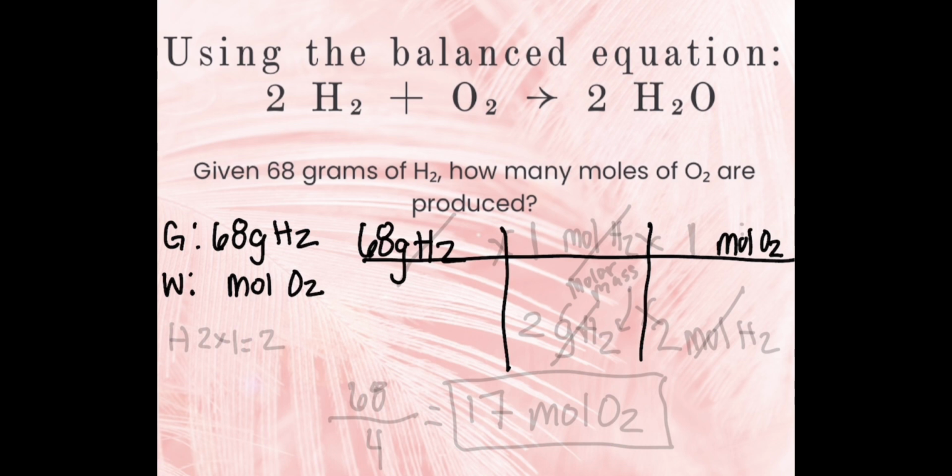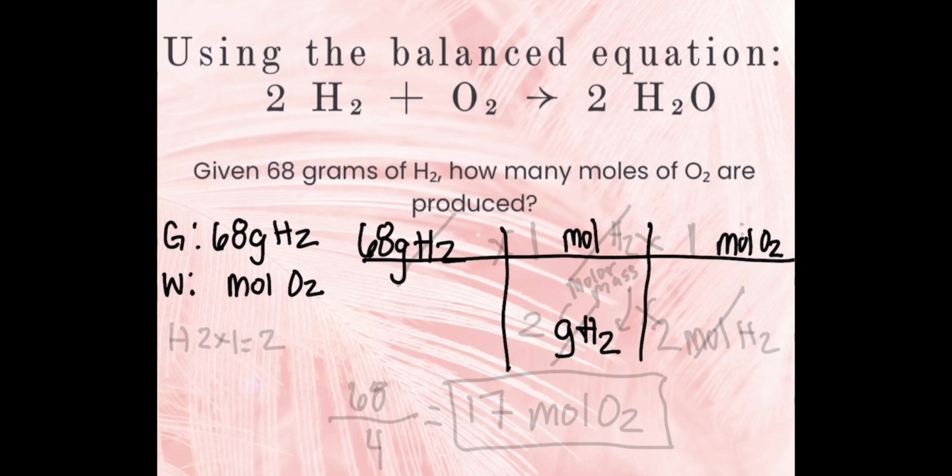Now, if I have grams of H2 as my given unit and element, I am going to put the same given unit and element in the box diagonal, in the denominator, okay? Now, above, I am going to write my number of moles.